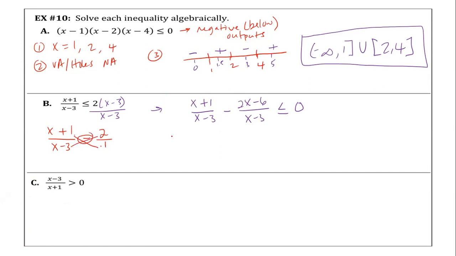Then I cross multiply, that gave me 2x minus 6. And now my bowl is the same. Are my denominators now the same? Yes. So now when I do the math, this is x plus 1 minus 2x plus 6. Remember, this negative applies to both, not just one. You have to distribute the negative.